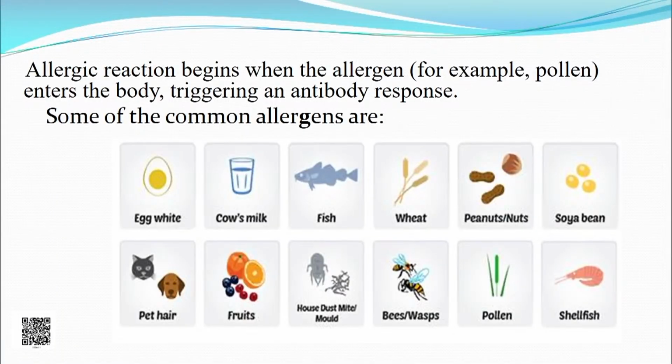So look at the figure. Allergic reactions begin when the allergen enters the body, triggering an antibody response. So some common allergens are egg white, cow milk, fish, wheat, peanut, soya bean, pet hairs, fruits, pollen, bees and wasps, and shellfish, and many others.